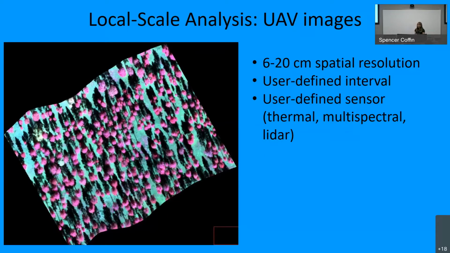Also, what's really important for me in my lab group is that once you have a UAV platform, you can equip that with whatever sensor you want. And so that user-defined sensor capability is really important for us because we like to operate spectral sensors, LiDAR, and thermal sensors. That is a really important factor for us.